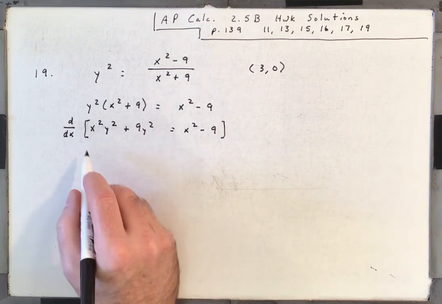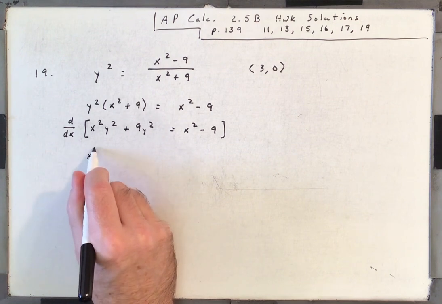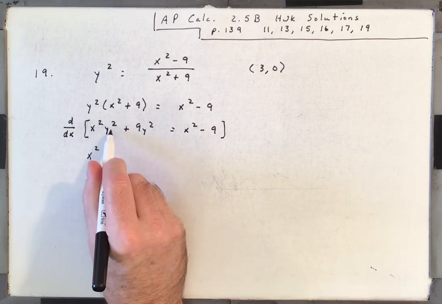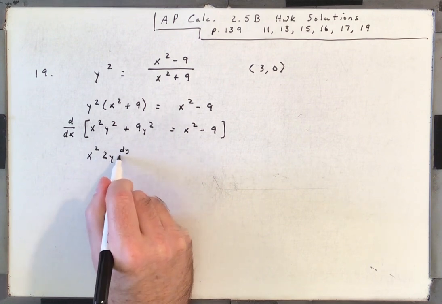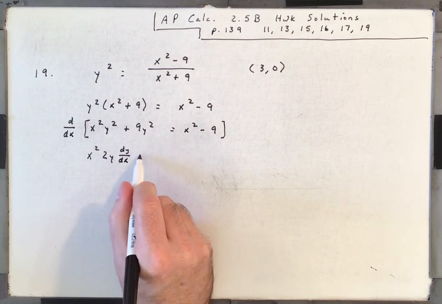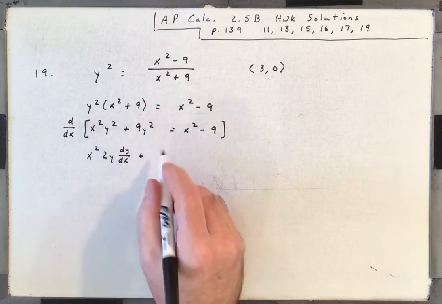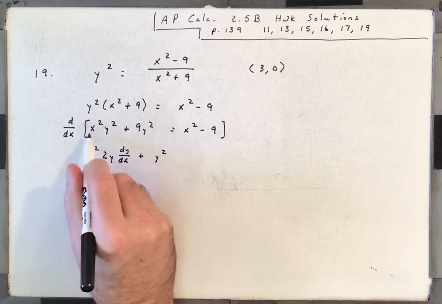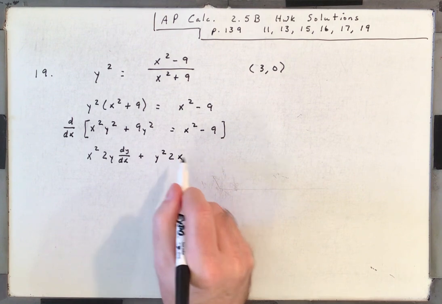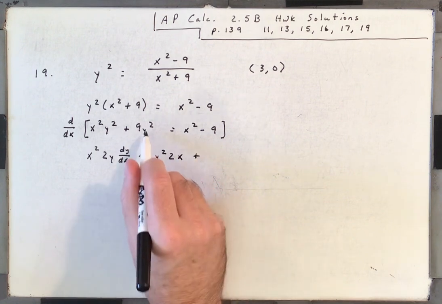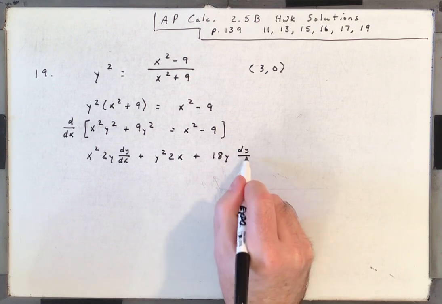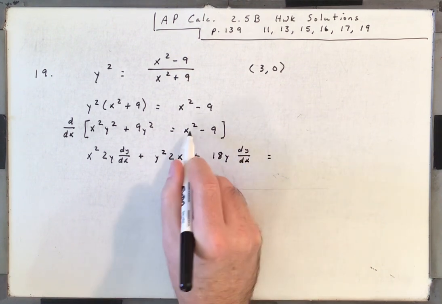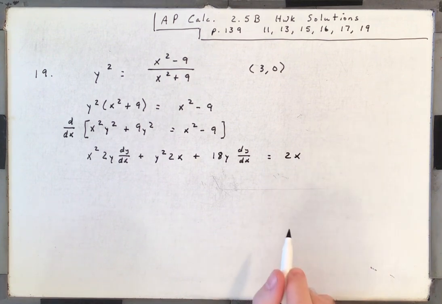Okay, we've got a product rule. It's the first, x squared times the derivative of y squared. That's going to be 2y dy/dx, plus the second, y squared times the derivative of the first, 2x, plus 18y dy/dx, and on the right side it's just 2x.